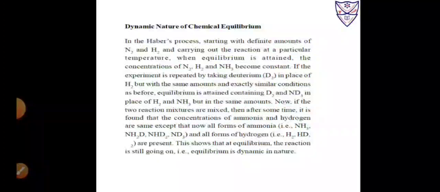All forms of hydrogen, H2, HD and D2, are also present. This shows that the reaction is still going on, that is, equilibrium is dynamic in nature. These are the conditions for chemical equilibrium.